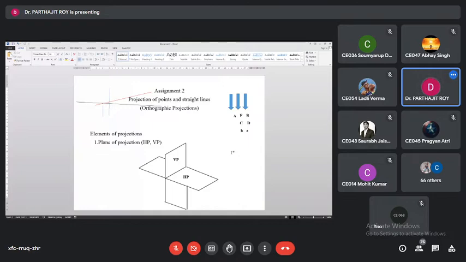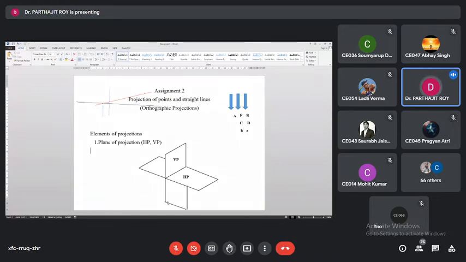Now how many? Four quadrants, sir. Who was asking me how to know how many quadrants? So you have a horizontal plane, you have a vertical plane.